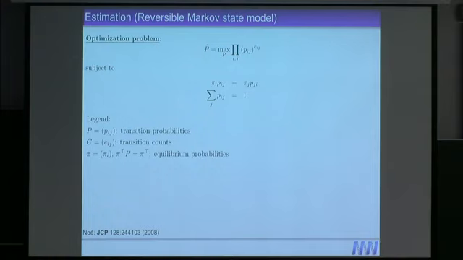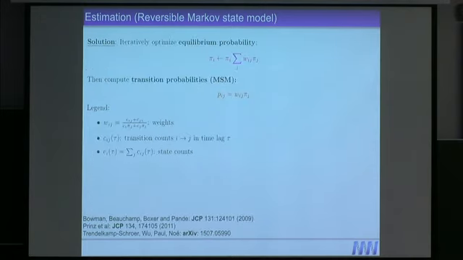So I'm solving this maximum likelihood problem. And this can basically be solved in an iterative way, where I take a starting guess for the equilibrium probability. I update it with this update equation, where the W is defined here, and that basically contains the transition counts.